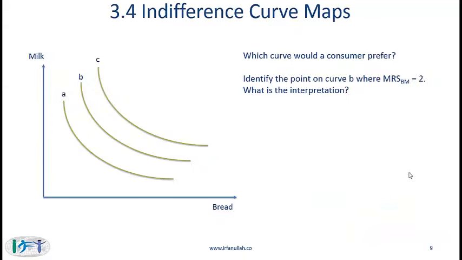Let's continue this discussion. Again, we will stay with quantity of bread and quantity of milk. Now hopefully this is obvious, but say we have these 3 indifference curves. Which curve would you prefer? In other words, where will you be happier?